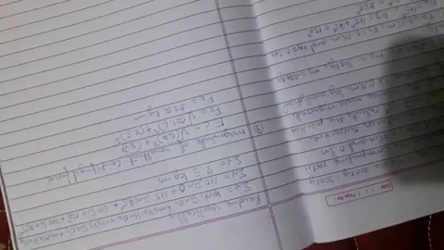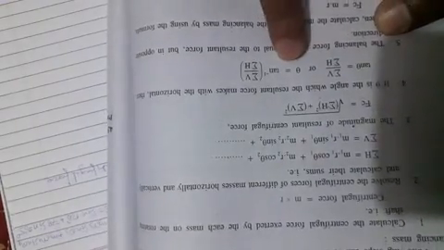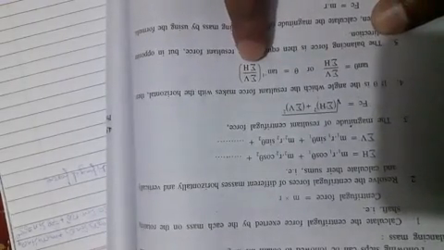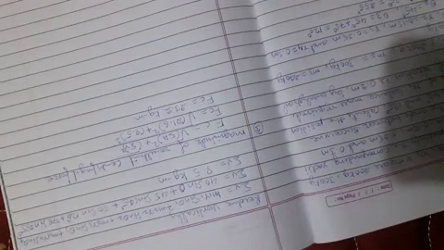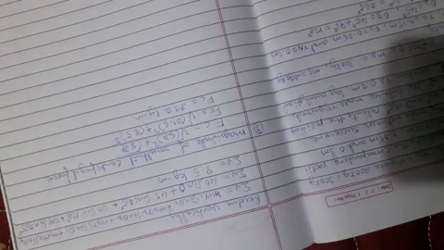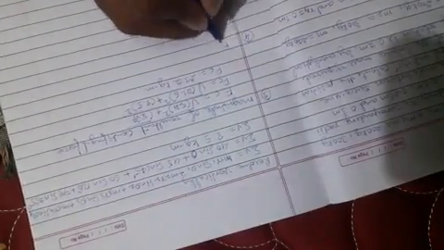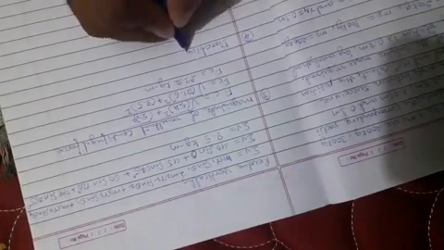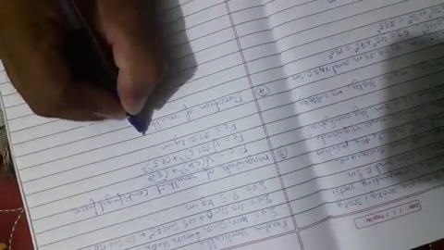So the fourth step is to calculate theta. Okay, so tan theta equal to summation of V divided by summation of H, or you can use theta equal to tan inverse of summation of V divided by summation of H. That is, the fourth step is the direction of resultant, right?